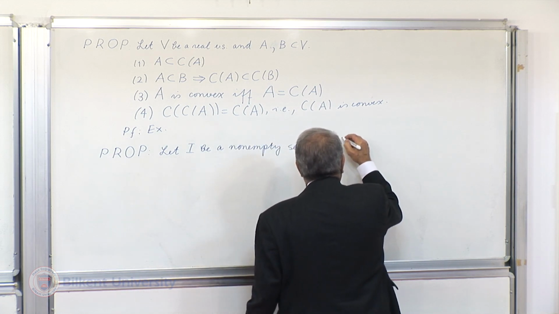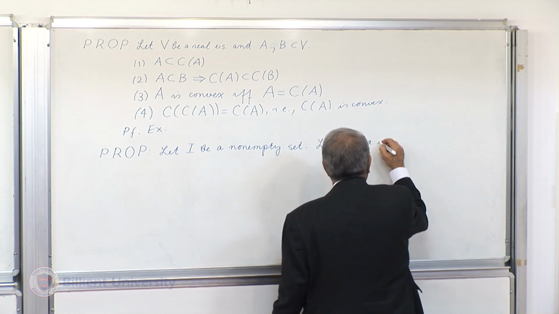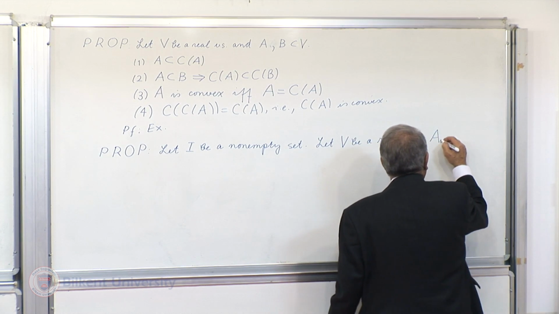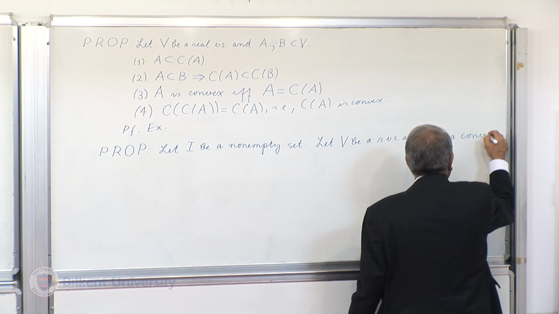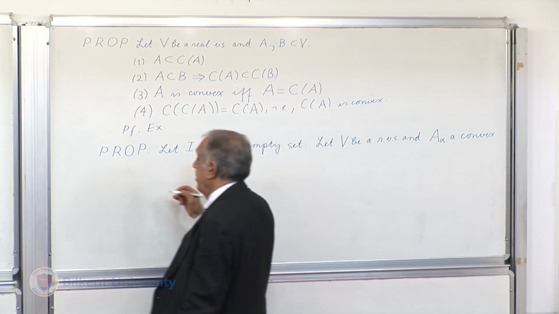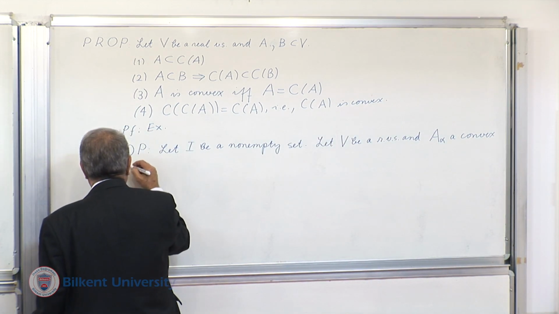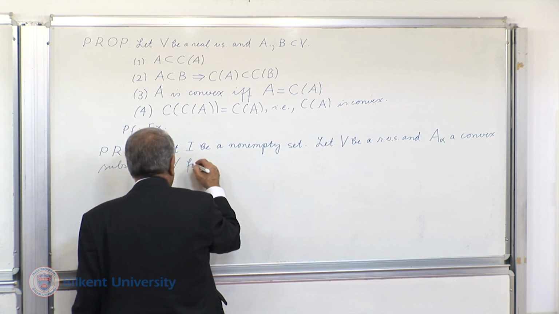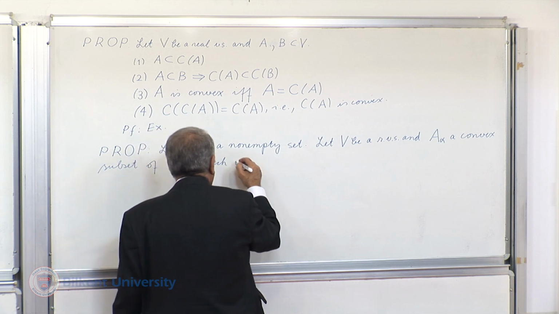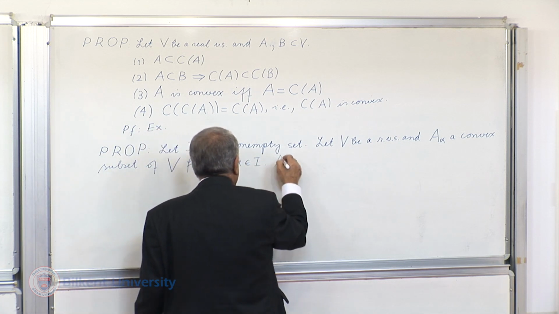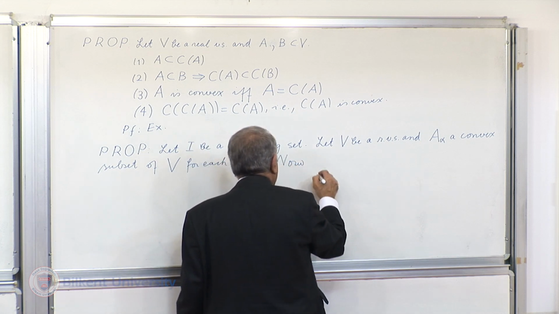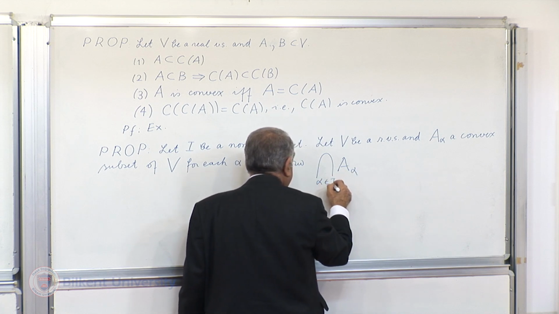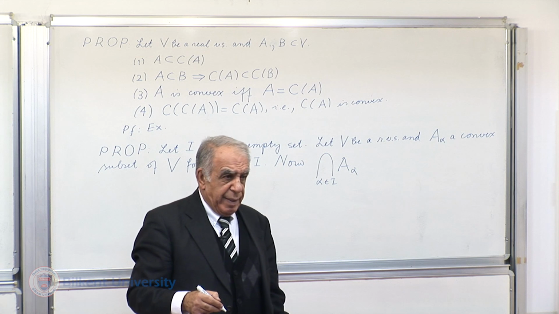Let V be a real vector space and A alpha a convex subset of V for each alpha in I. Now, if we take the intersection of all of them, this will be convex as well.